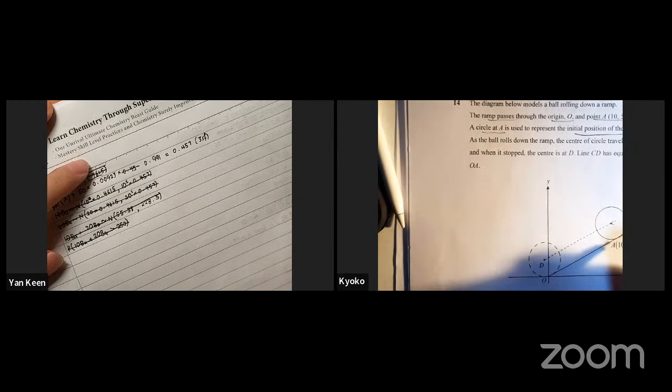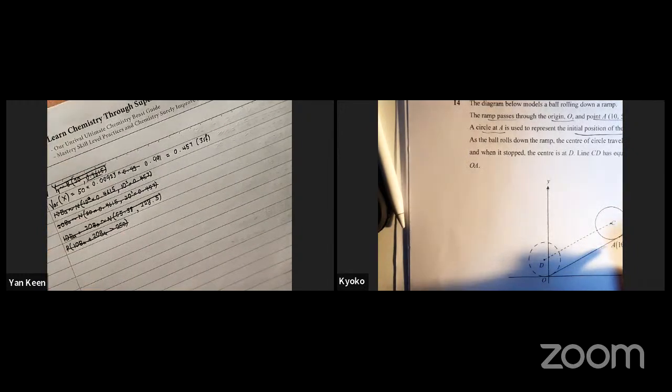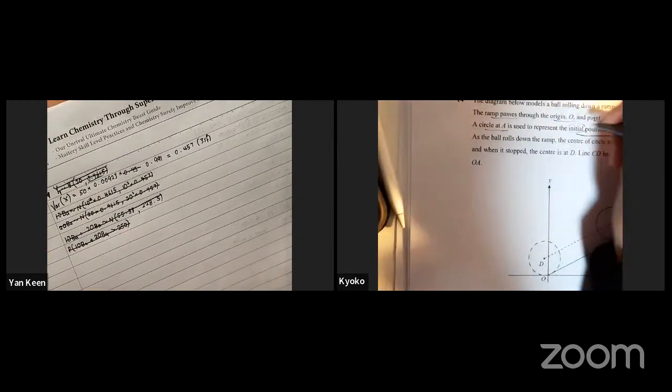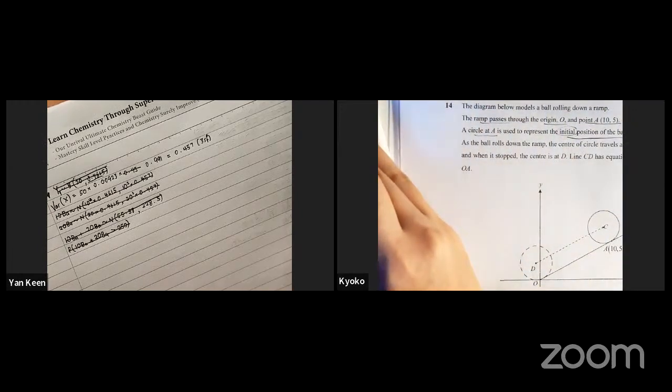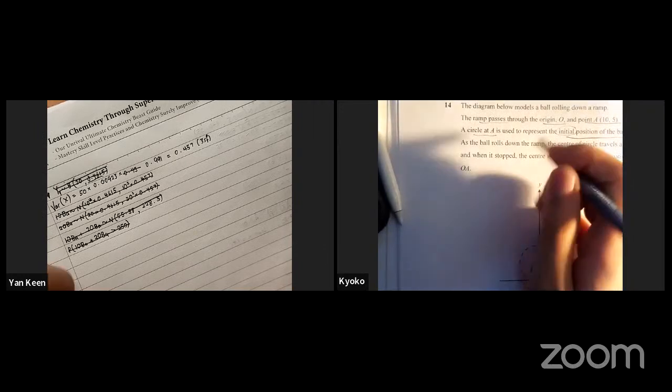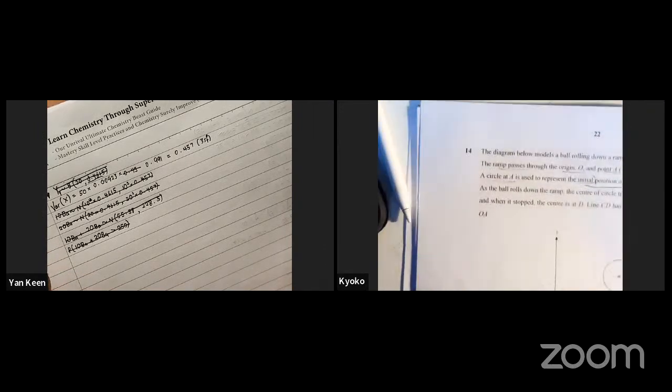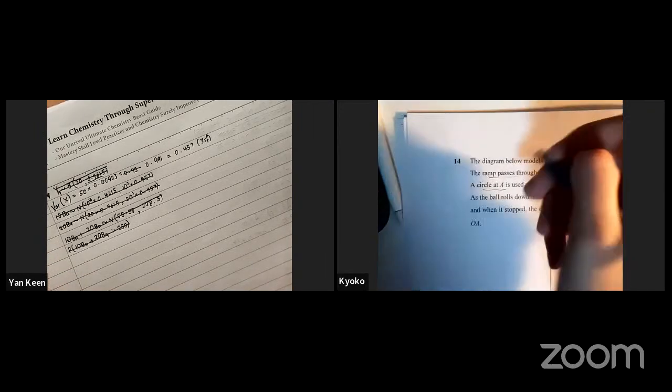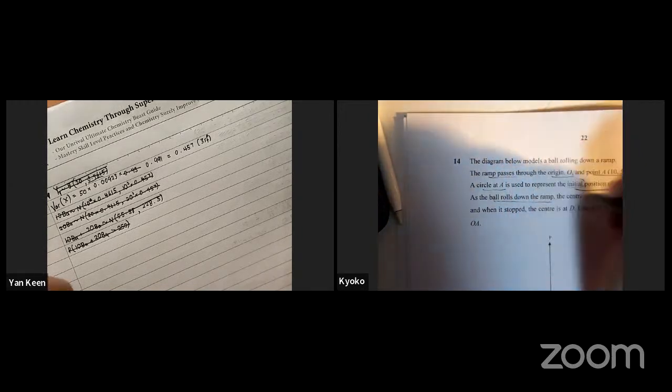If I'm absent-mindedly doing a paper 2, you know how many mistakes I usually make? People, make a guess. 10? No, more than that. 15, around there.